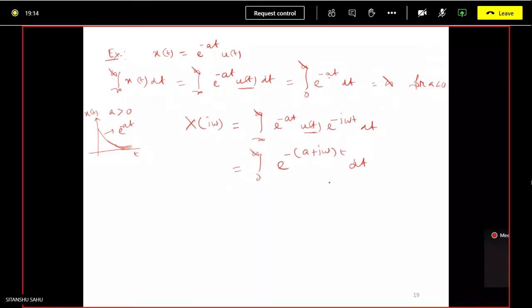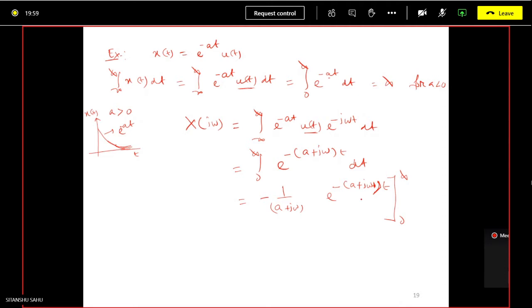This is an exponential integral, so let us find its integration. This will be minus 1 upon a plus j omega, times e to the power minus of a plus j omega t, from 0 to infinity.